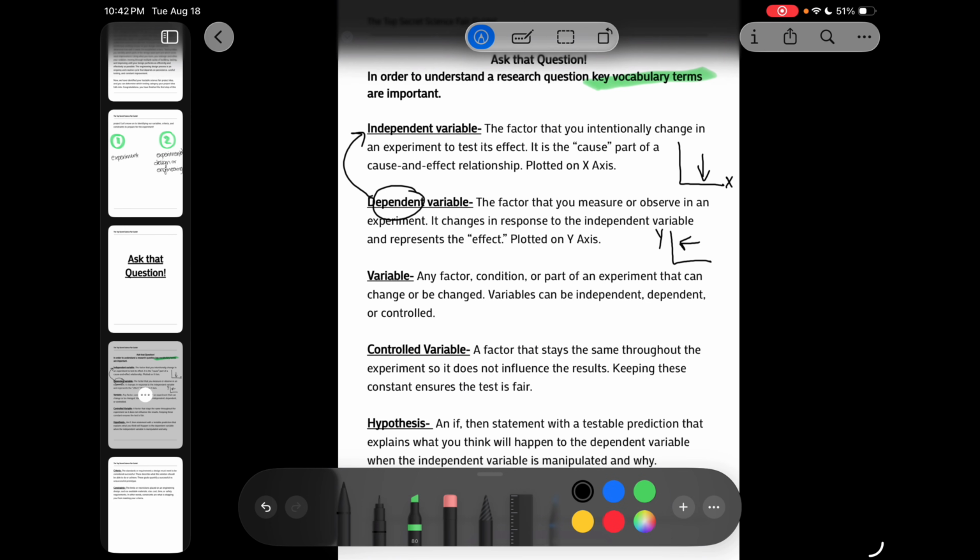So going back to the plants example, I'm using it because it's very simple. For example, if we water different groups of plants, one group of plants we will only water in the morning, one group of plants we will only water in the afternoon, and one group of plants we will only water at night. So those are three different variables.